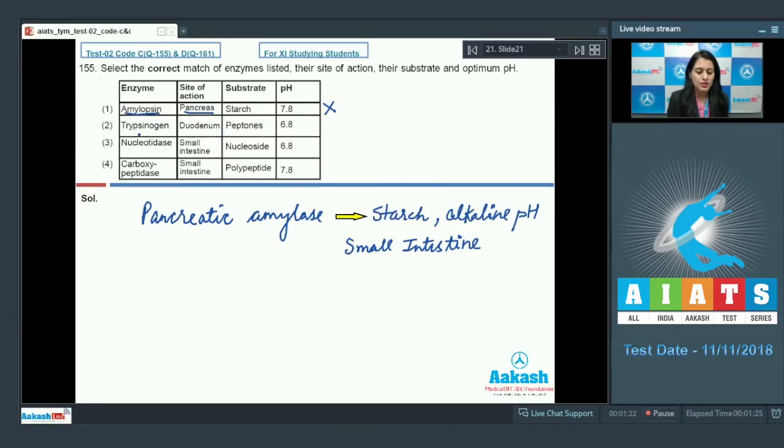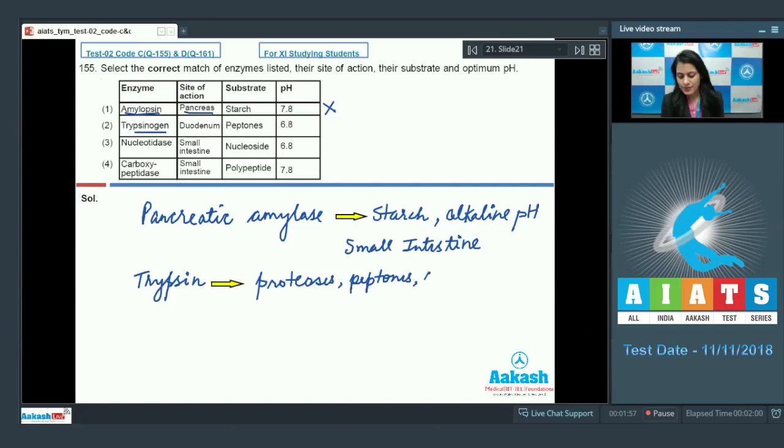The second option is trypsinogen. And we know that trypsinogen is an inactivated form. It is actually trypsin, which is an activated form and acts on proteases, peptones or peptides at alkaline pH.